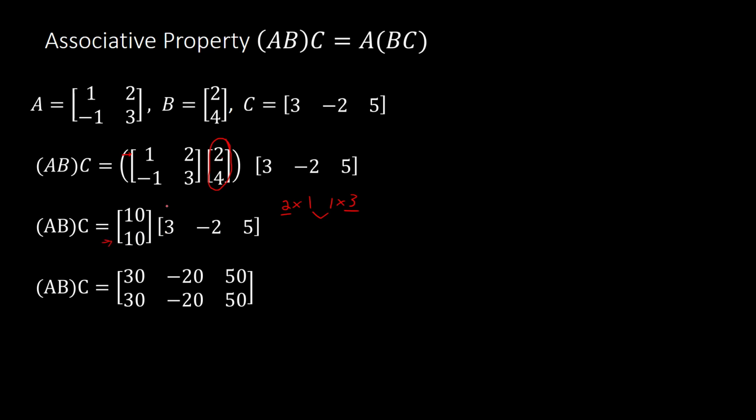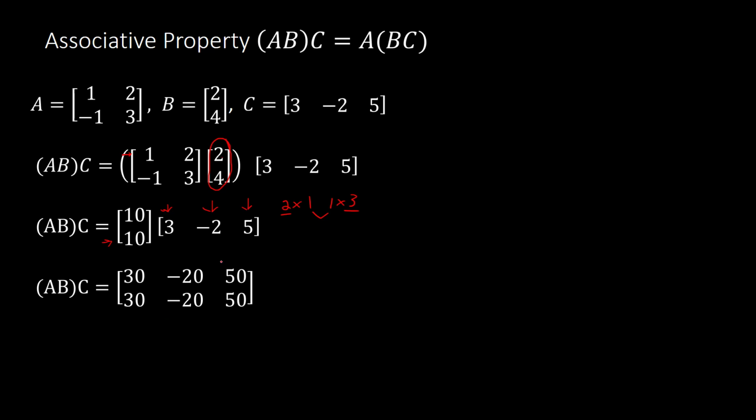Second row by the first column would give me 10 times 3, which is 30. Second row by the second column gives me 10 times negative 2, or negative 20. And then 10 times 5 would give me 50. So my resulting matrix would be right here.